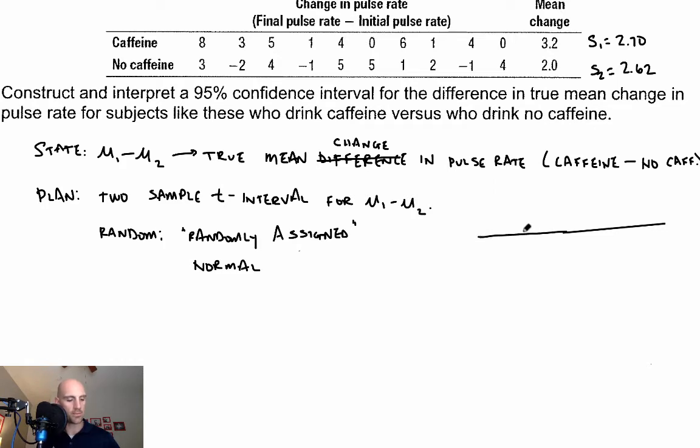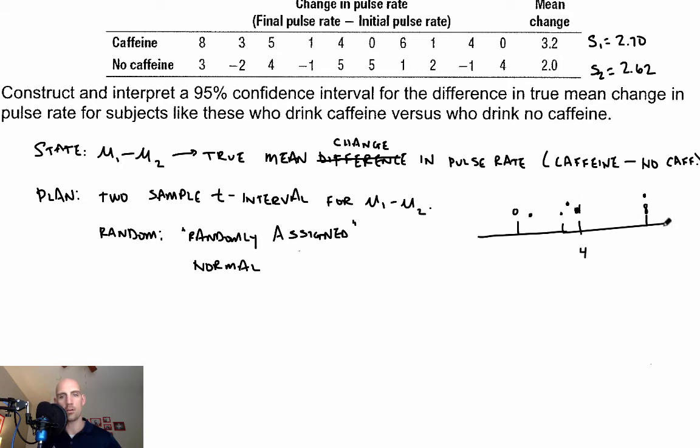So for our dot plots for caffeine, let's see, we've got an 8, there's 1 there, 3. So this is 4, 0. So we got 1 at 3, 1 at 5, 1 at 1, 1 at 4.